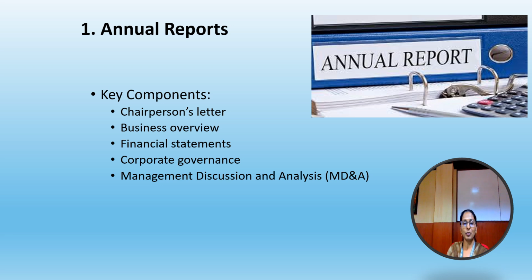Then the fourth item in the annual report is going to be the discussion on corporate governance, which gives information on how the company is managed, which includes detailed information about the board of directors.